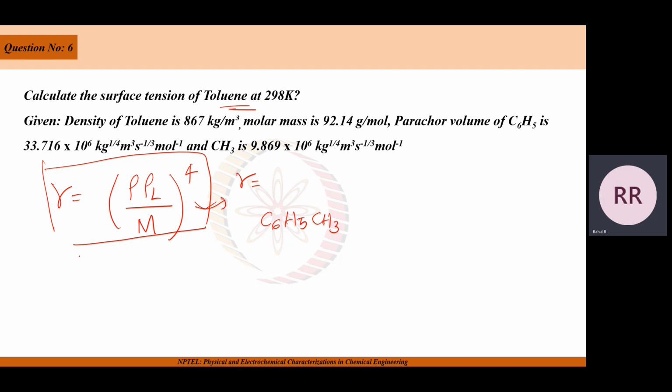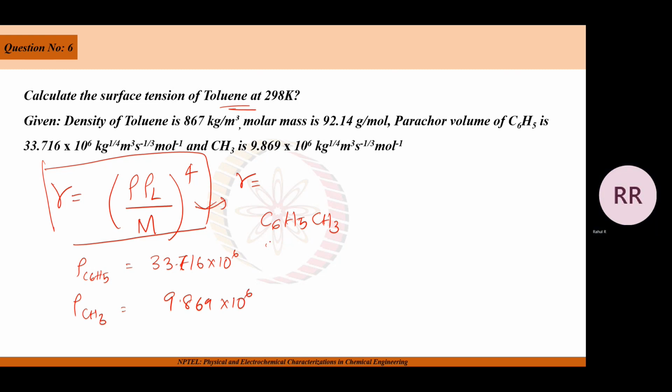From that particular table, we can get the values: Parker volume of C6H5 is equal to 33.716 into 10 raised to 6, and Parker volume of CH3 can be obtained as 9.869 into 10 to the 6.